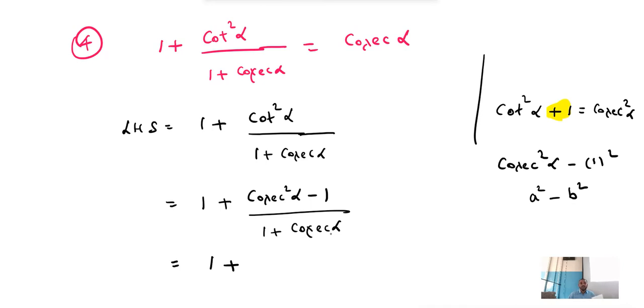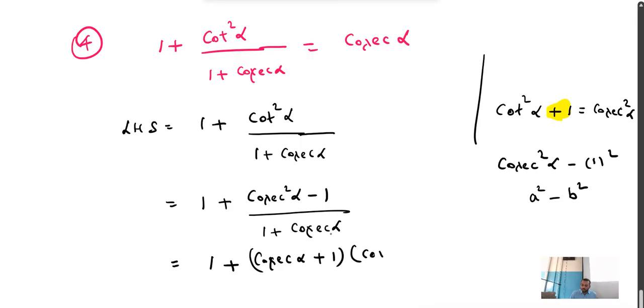What is a here? Cosecant alpha. What is b here? 1. So a square minus b square is a plus b into a minus b, divided by 1 plus cosecant alpha.